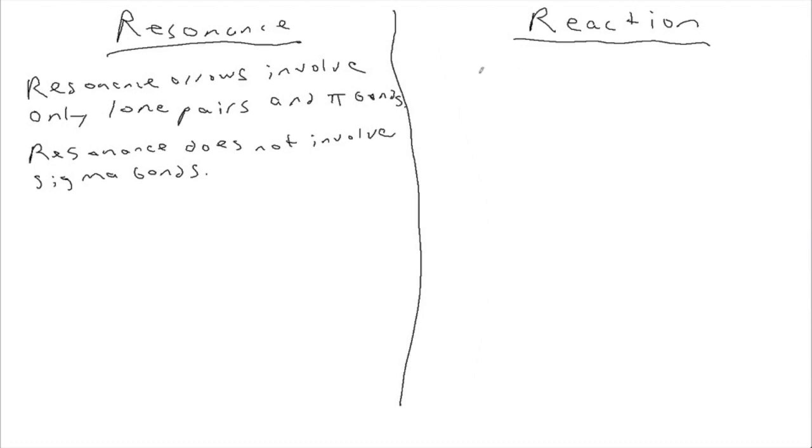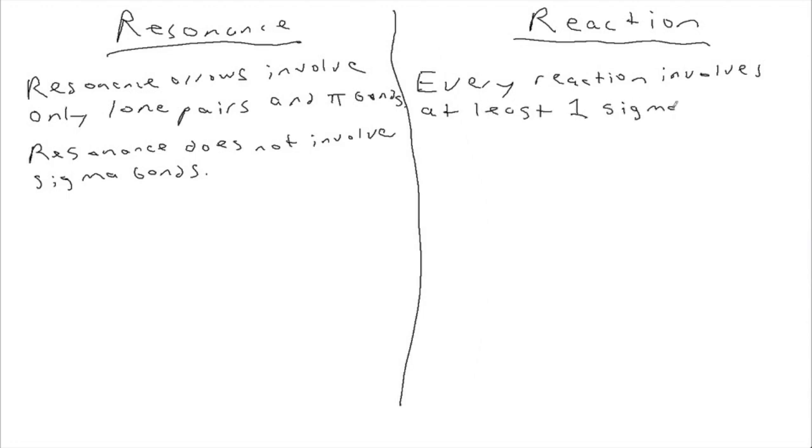On the other hand, every reaction involves at least one sigma bond. So we can put this in our notes. Tell me when you have that down. Okay. What do I mean by involves? Well, every reaction either breaks or forms at least one sigma bond. So resonance cannot break or form sigma bonds.